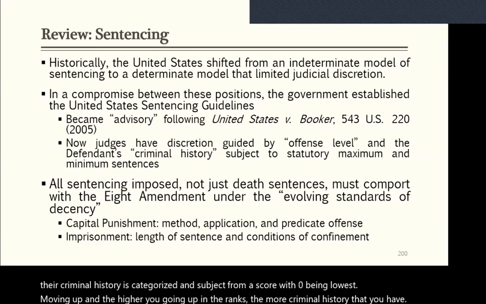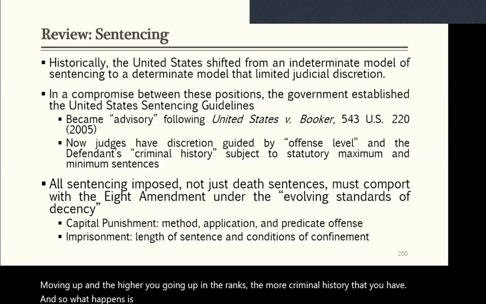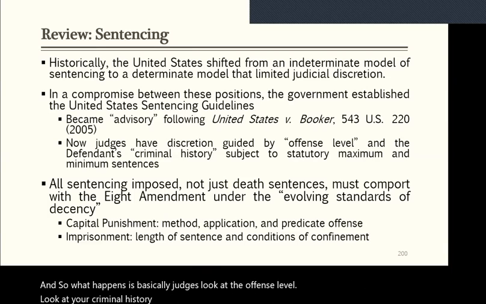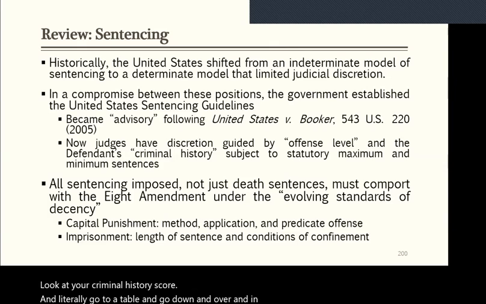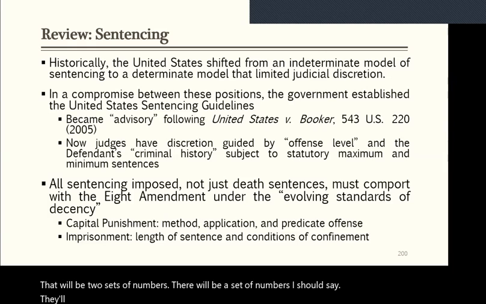And so what happens is basically judges look at the offense level, look at your criminal history score, and literally go to a table and go down and over, and they'll find a box. In that box, there'll be a set of numbers. There'll be a low number with a dash and then a high number.